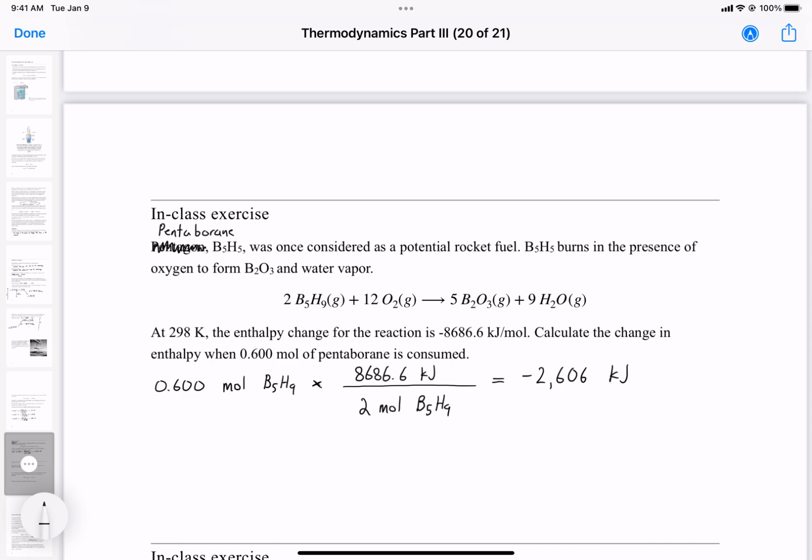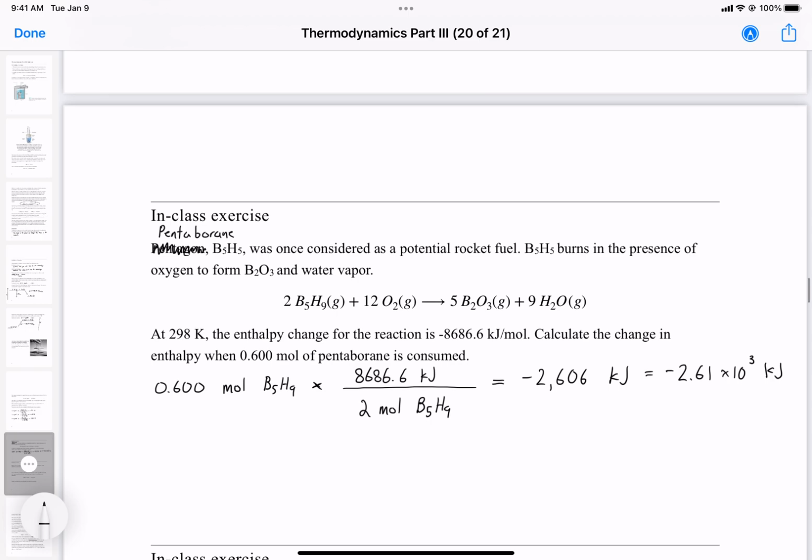But we need to represent this using 3 sig figs, because we only have 0.600 mole. So this will be equal to negative 2.61 times 10 to the 3rd kilojoules. Okay, so that's our final answer.